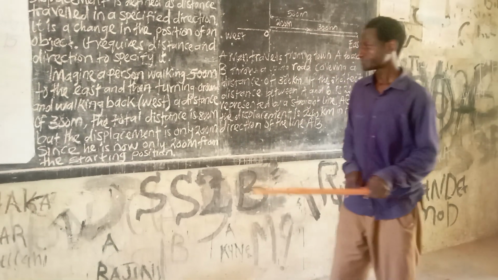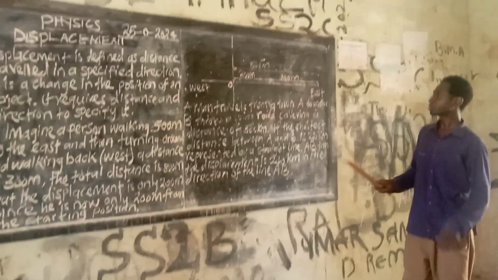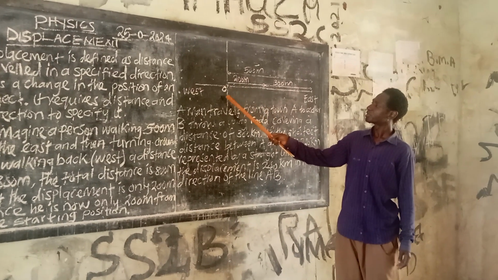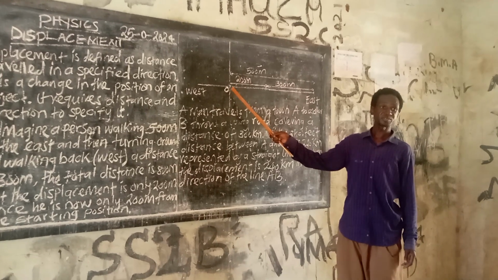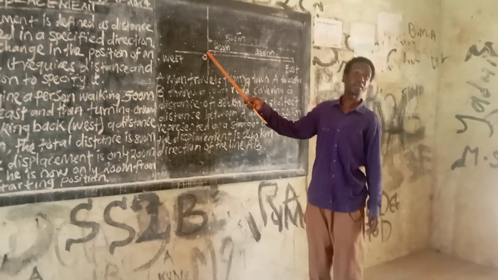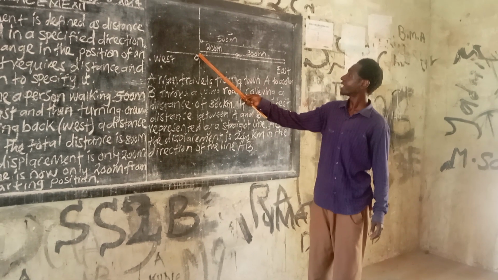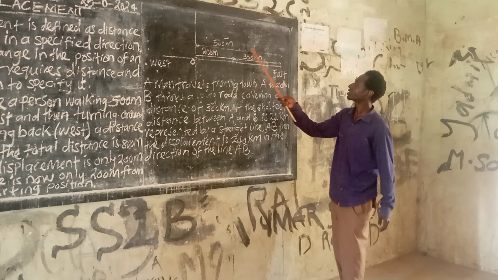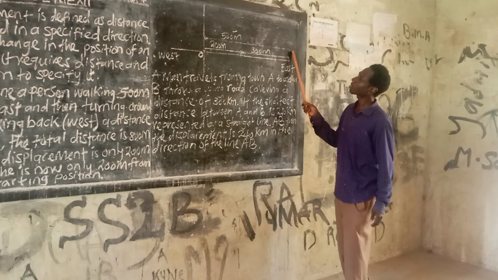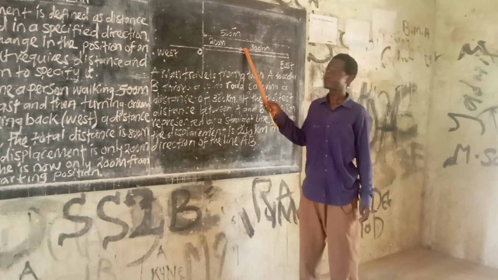Before example number 2, this is the diagram which shows the direction of the person that traveled. In the first example, this is the starting point. He starts from here and walks 500 meters to the east, then turns around and travels 300 meters to the west.